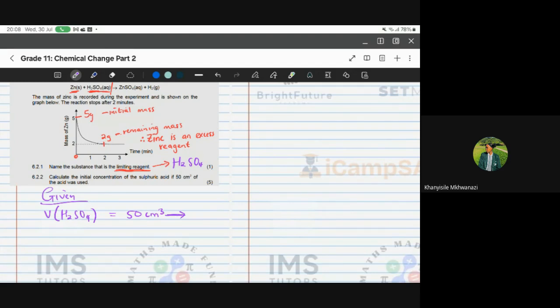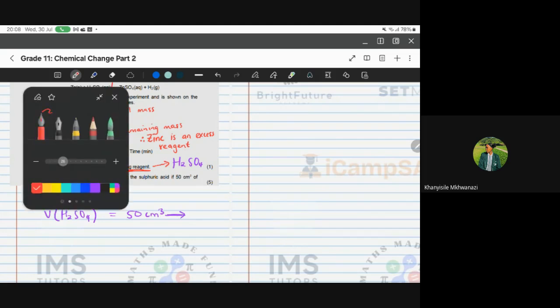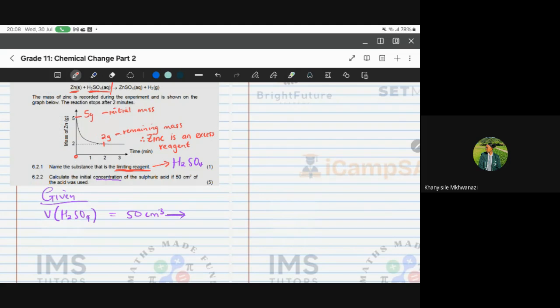But in this case, we want concentration. Always convert when you want concentration. Even if you don't know the answer, guys, you get free marks for converting. So that is 50 divided by 1,000, which should be 0.05.